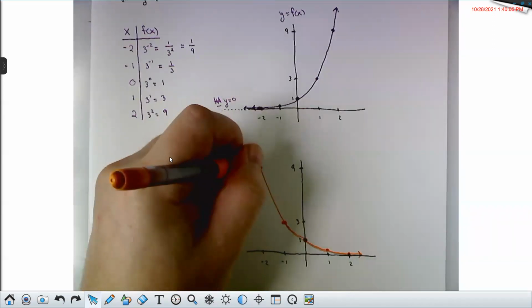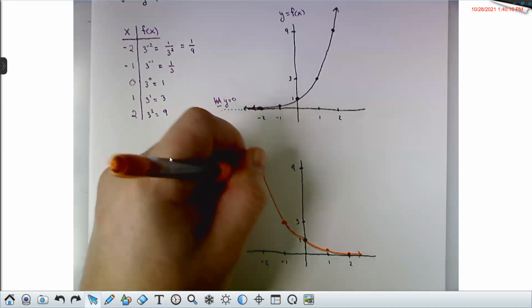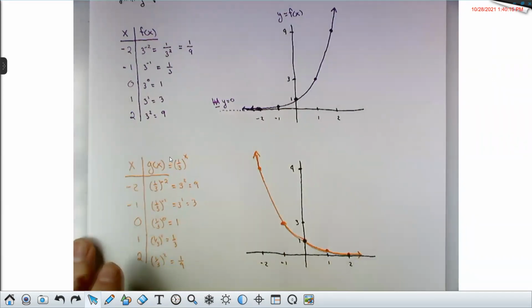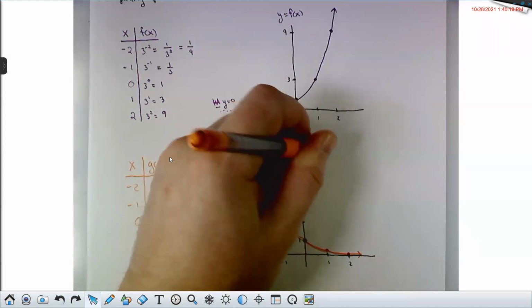And the question I would like to ask you is, do you see a relationship between the orange graph and the purple graph?